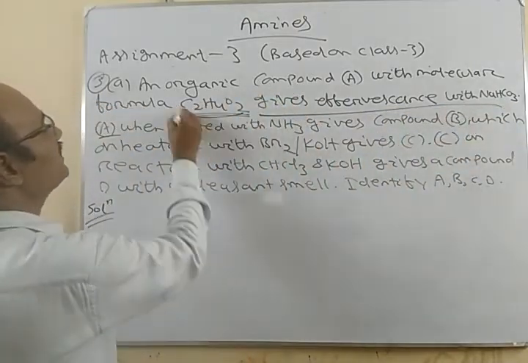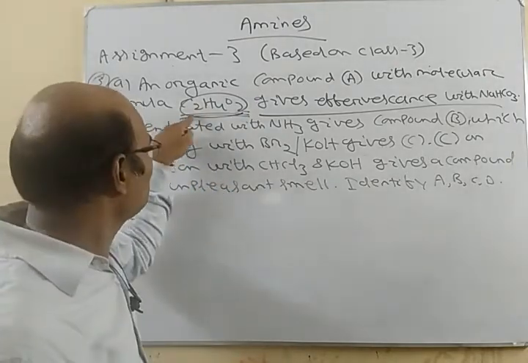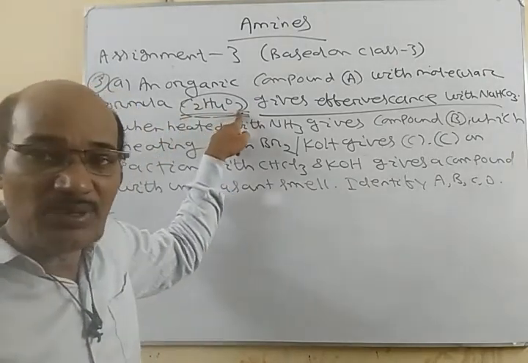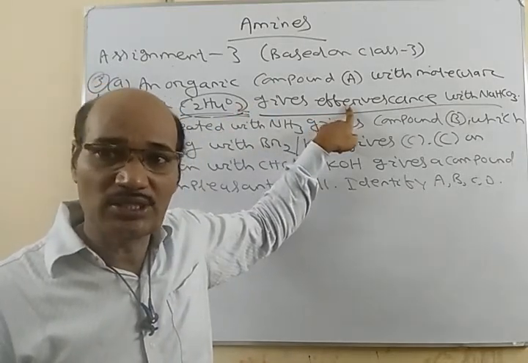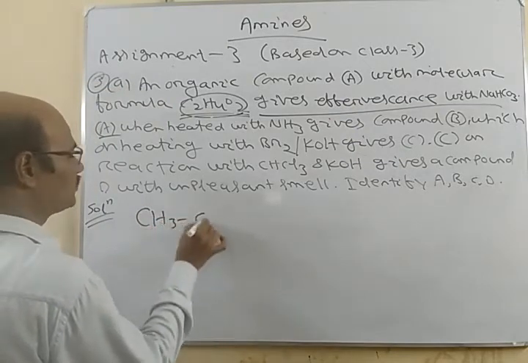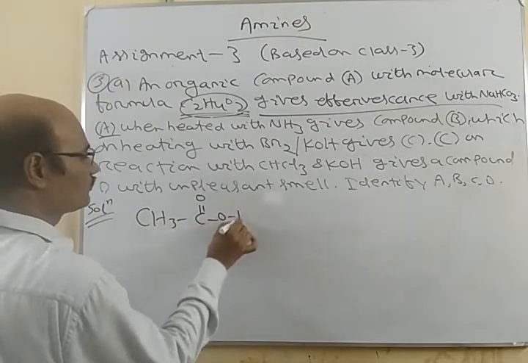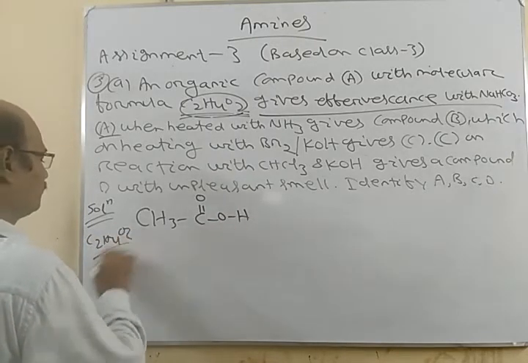That means it is a carboxylic acid, because the formula is CnH2nO2 and it is giving effervescence with sodium bicarbonate. So it's your carboxylic acid. So what do I write? CH3COOH, C2H4O2.